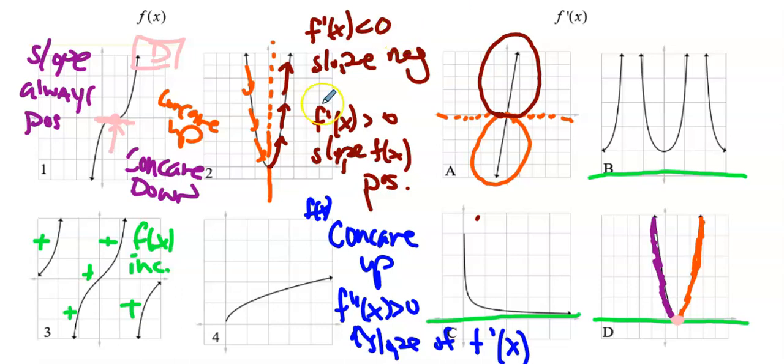Another thing we can look at here is that this is going to be concave up right here, and this is going to be concave up right here. And this is going to be concave down, and this is going to be concave down. So what this means is that when we're concave up, the slope of our derivative graph is going to be positive.